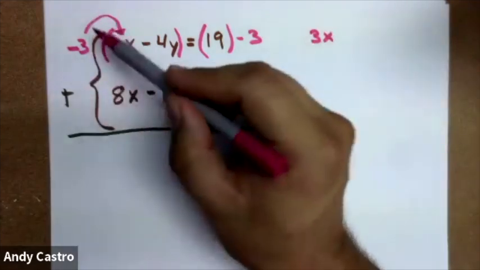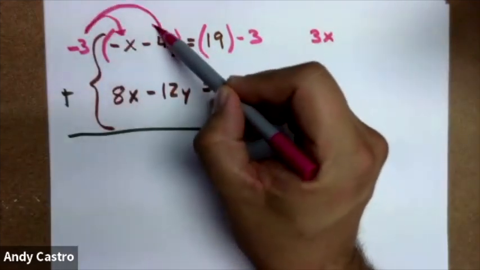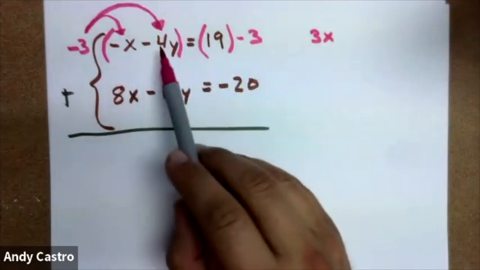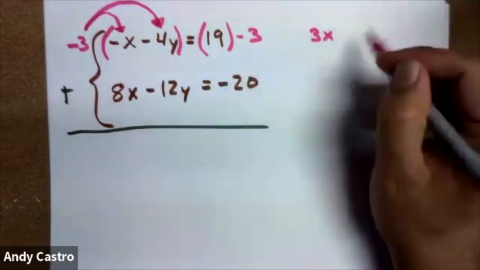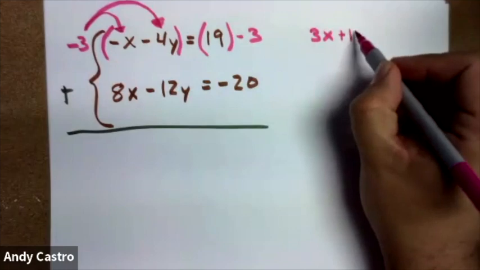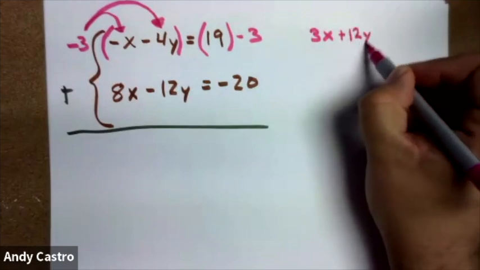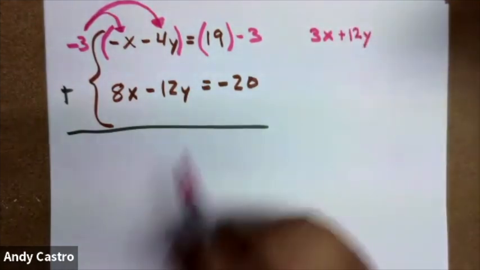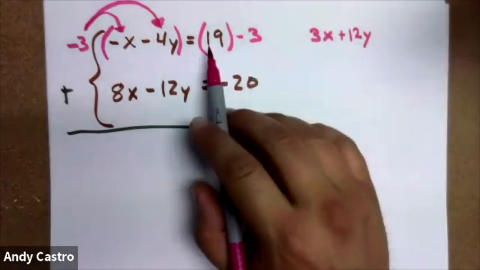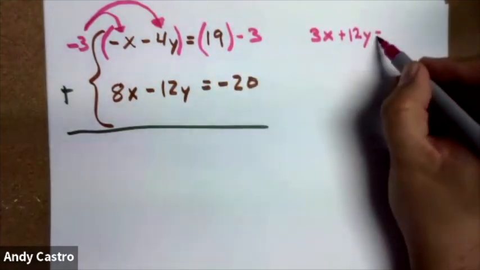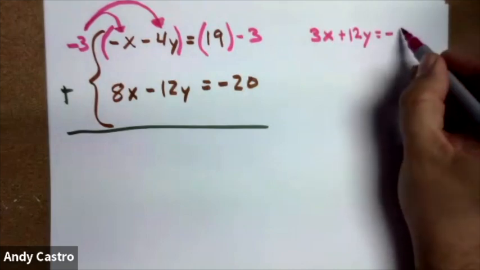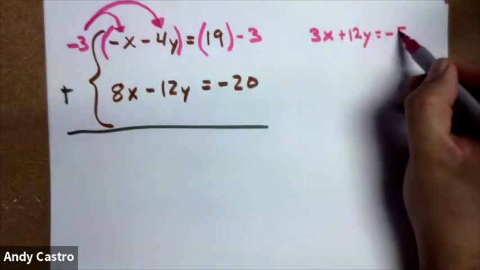Then negative 3 times negative 4 is going to give me a positive 12y. Then here, negative 3 times 19, that's going to give me a negative 57.